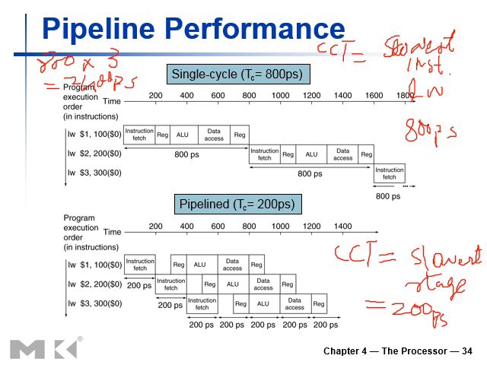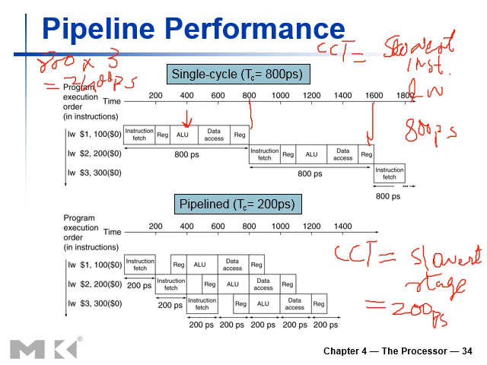For the first 800 picoseconds, the first load is being processed, but we are unable to execute the second load at the same time, even though the register file and the instruction fetch section were free. At 800 picoseconds we process the second load, and at 1600 picoseconds we process the third load, and that load will be completed at 2400 picoseconds. So that is the total execution time.